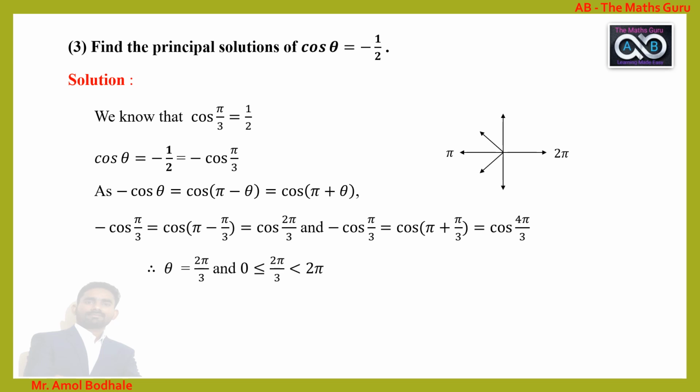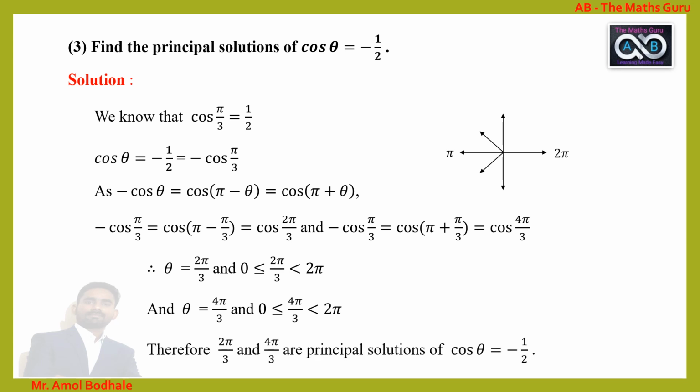So therefore theta equal to 2 pi by 3, that is 2 times 60, that is 120 degree, which obviously lies in 0 and 360 degree, and the another solution 4 pi by 3, that is 4 times 60, 240 degree, which also lies between 0 and 360 degree. So therefore we can say 2 pi by 3 and 4 pi by 3 are principal solution of cos theta equal to minus half.